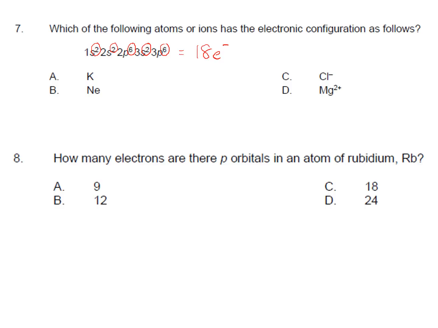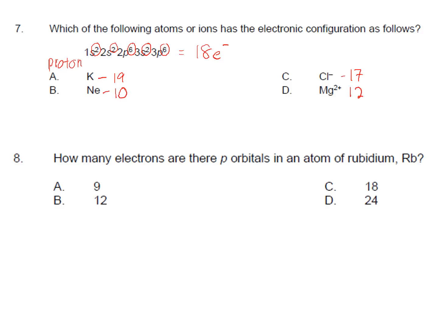So based on this atom, we need to identify the proton number first. Potassium, as we know, is 19. We identify the proton number first because proton numbers are given in the yellow page. Okay, Ne neon is 10, Cl is 17, and Mg is 12.